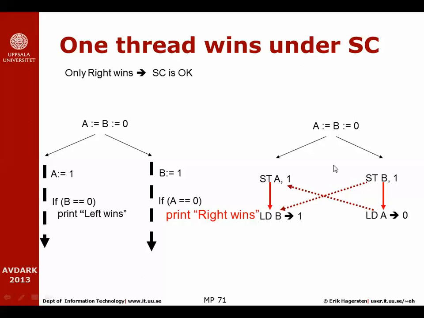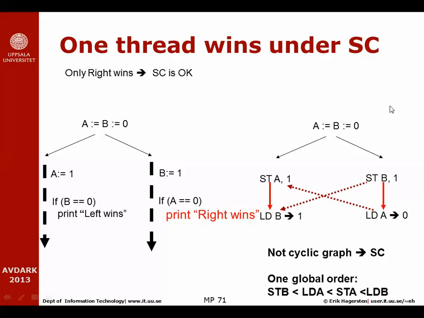It's a defined order. There is another value order here that agrees with us. It says this store happens before that load. So all these observations are in agreement with each other. And so this is certainly something which is possible to execute under sequential consistency. Store B happens before load A happened before store A happened before load B.